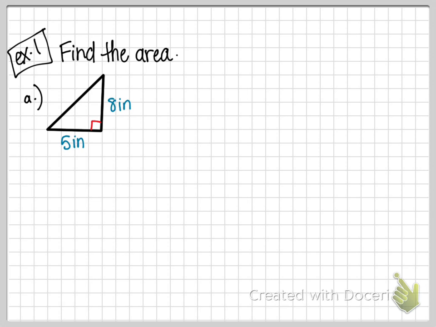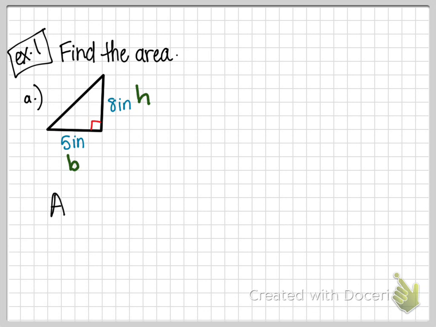Here's example 1. This one's nice because the sides actually meet at a right angle. Right? So it's very easy for us to figure out the base and the height. It doesn't matter which one you call which, but this would be our base, and this would be our height. Please start by writing the formula.